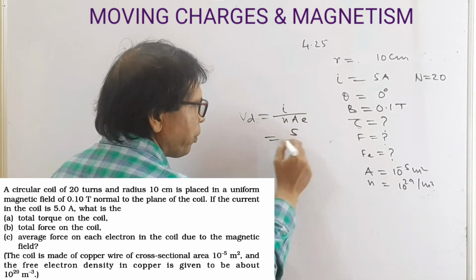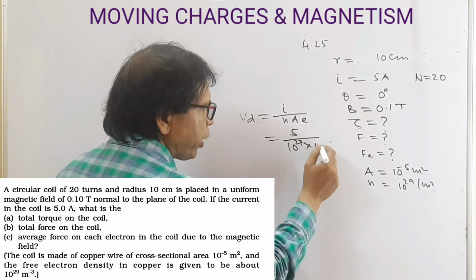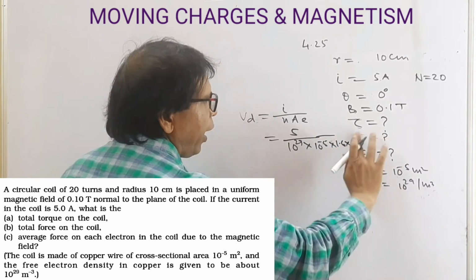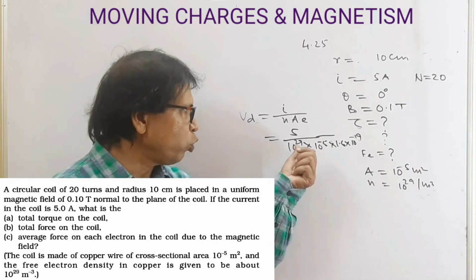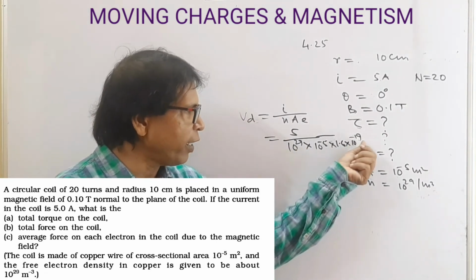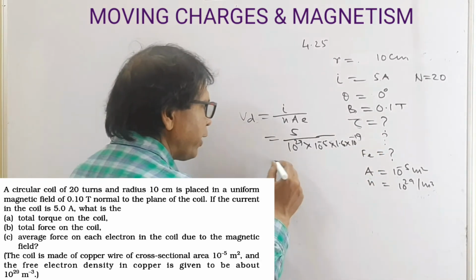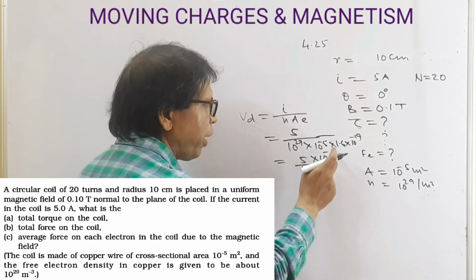I equals 5 ampere, N equals 10 to the power 29, A equals 10 to the power minus 5 and charge of electron 1.6 into 10 to the power minus 19. Now look at this, 29 minus 5 is 24, 24 minus 19, so this is 5. So look at this, this is 5 by 1.6 into 10 to the power minus 5.